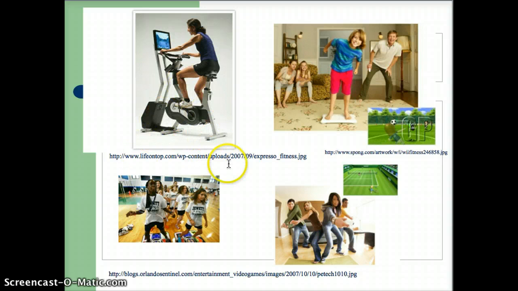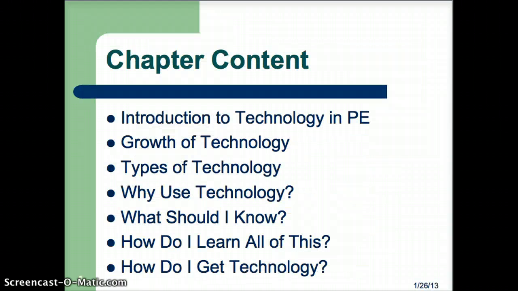Again, this is a game bike, so you're competing against the person on the screen or against yourself. Here's Wii Fit, Wii Soccer, Wii Tennis, Kinect, another extra gaming game, and over here, of course, is Dance Revolution. So those are all considered parts of technology in physical education.